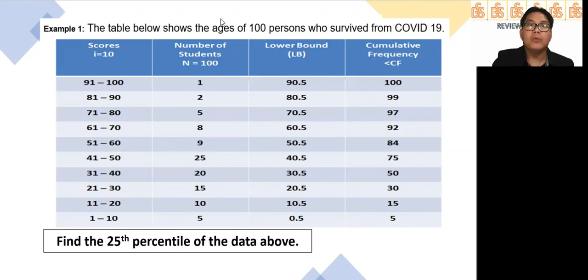But when your teacher asks you to collect the data, you have to do it this way. You should have this kind of table to be able to solve the problem. Unlike the ungrouped data, you can solve it right away, but in the group data, it is not possible.